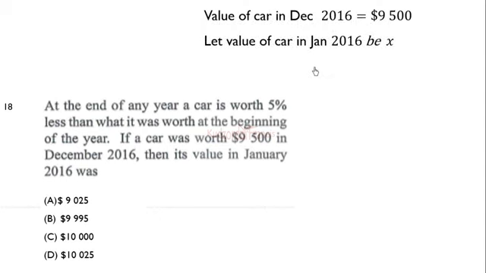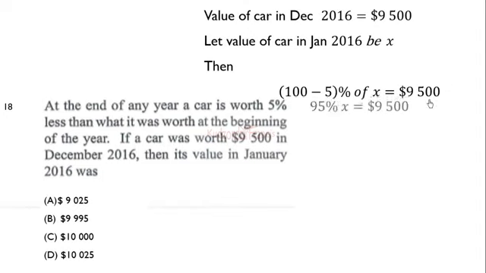Now we let the value of the car in January 2016 be X. Then 100 minus 5, because we were told that it is 5% less than what it was worth at the beginning of the year. So 100 minus 5% of X will be equal to 9,500.